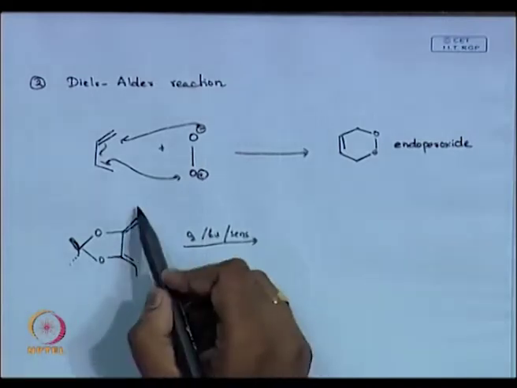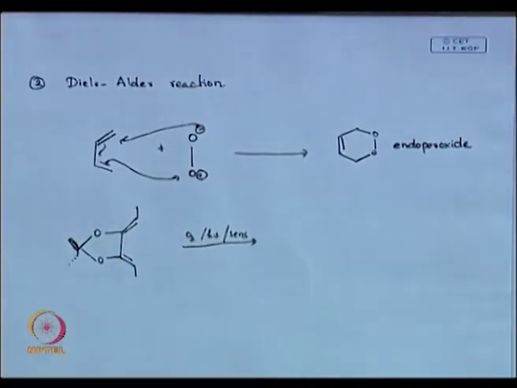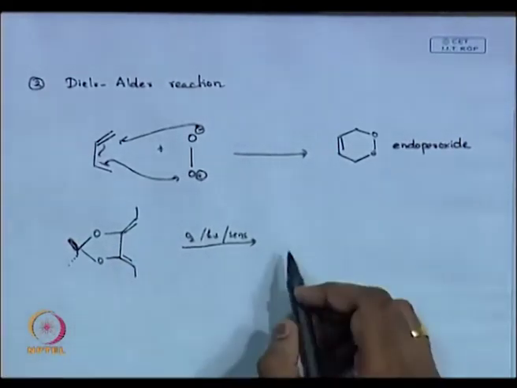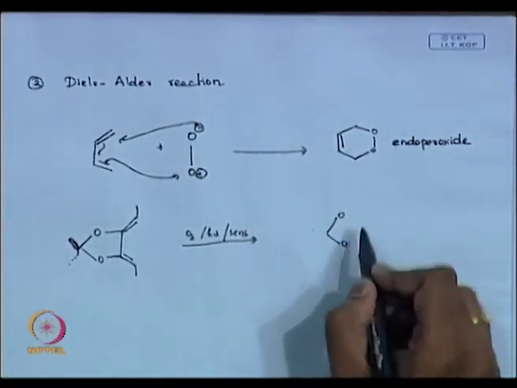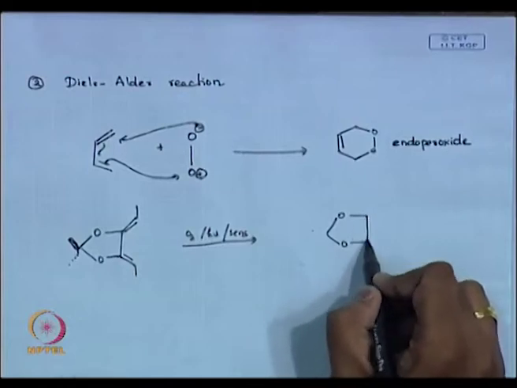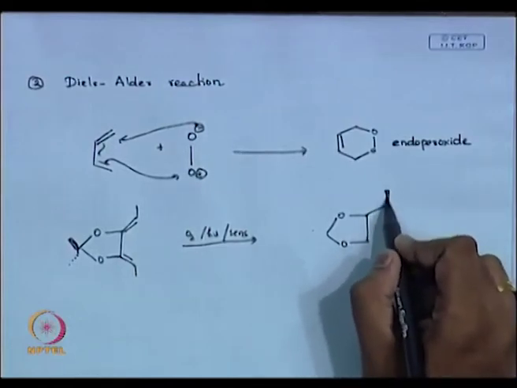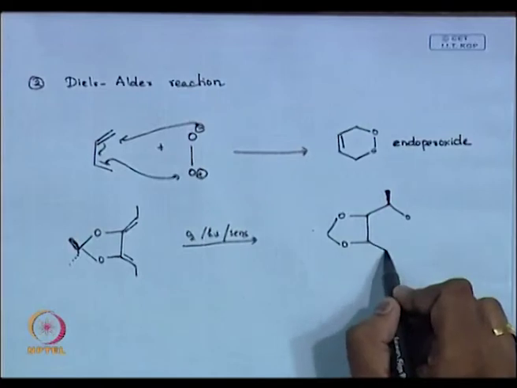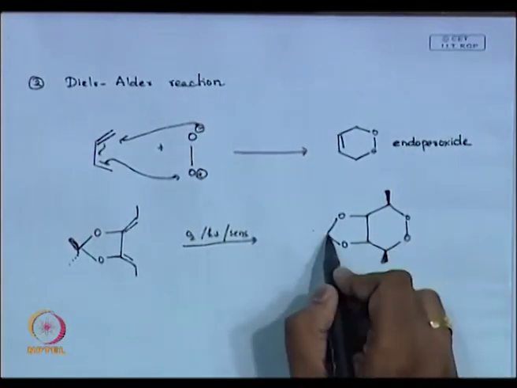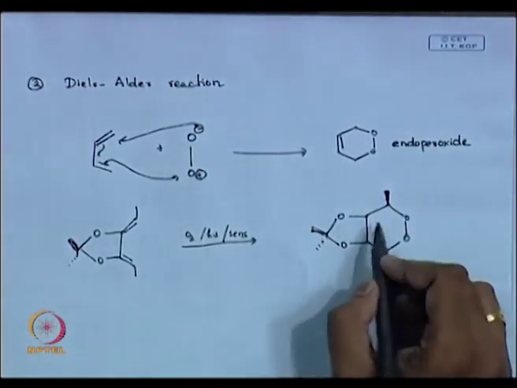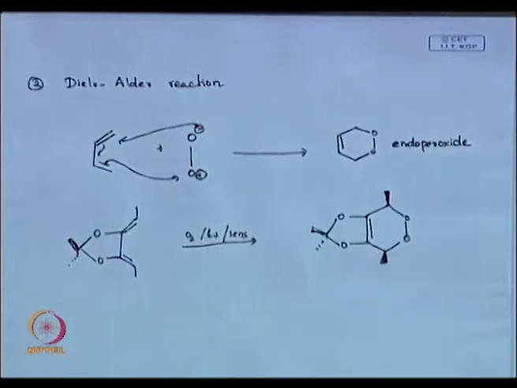So, I am just worried how you write that method, that is what this example is all about. Just to show that yes, this reaction is very stereospecific, highly stereospecific.